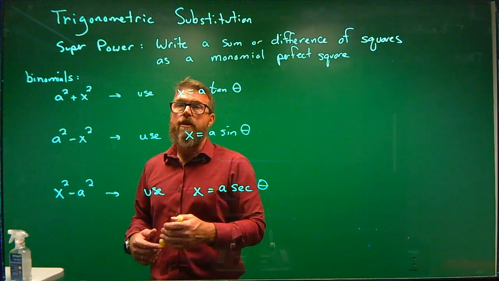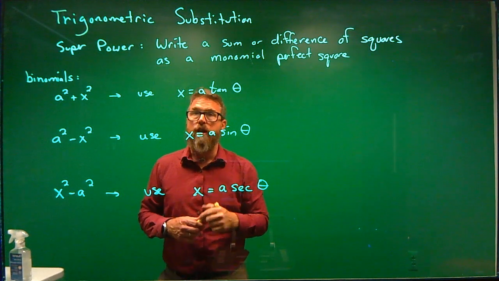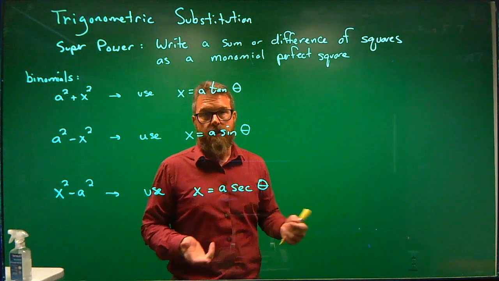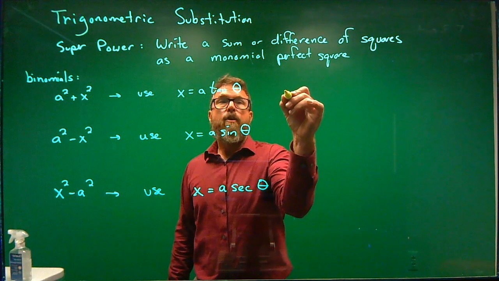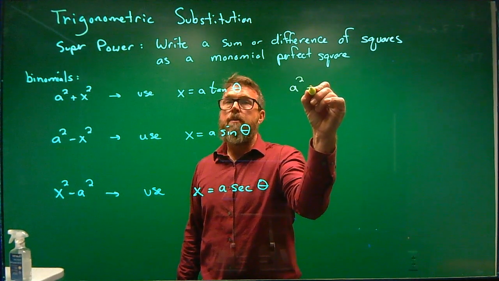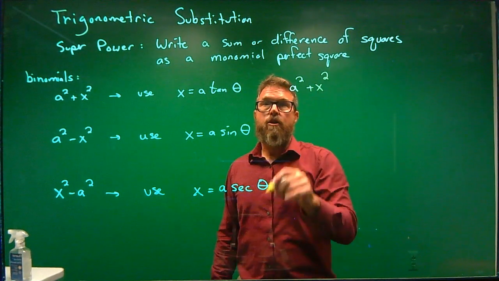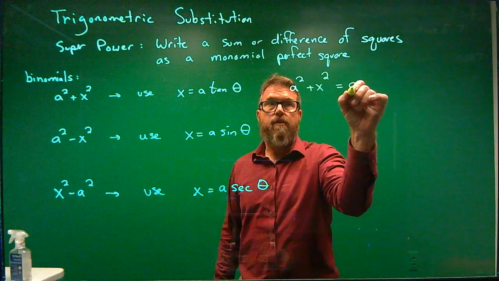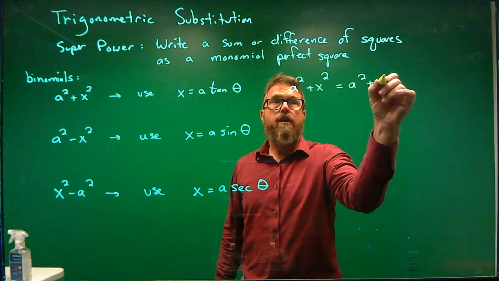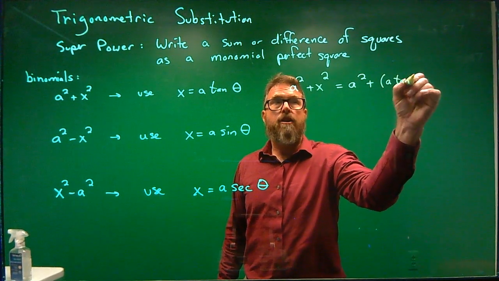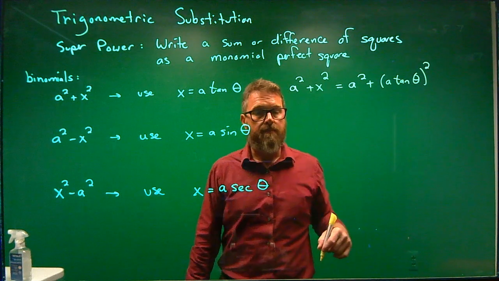For this particular substitution, I'm going to let x equal a tangent of theta. So now if I have a squared plus x squared, I'm going to let x equal this thing, so it gets stuffed in here. This is equal to a squared plus a tangent of theta all squared.